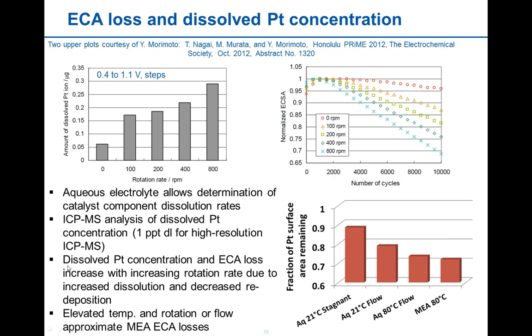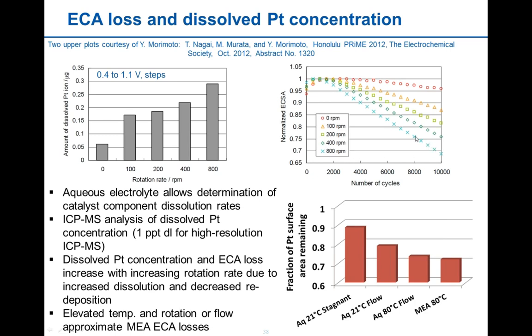And some example of this is a study by Toyota shown in the upper two plots, where they measured the amount of dissolved platinum in the electrolyte as a function of rotation rate of the RDE, seeing increased concentrations of platinum with increasing rotation rate because the platinum is transported away from the electrode surface, no longer available for redeposition.